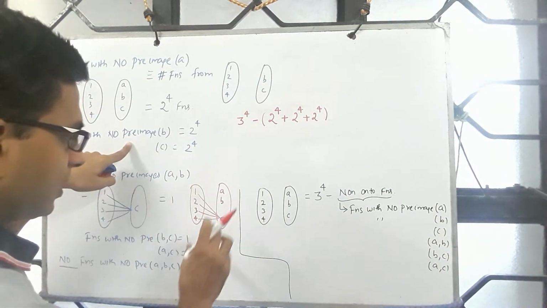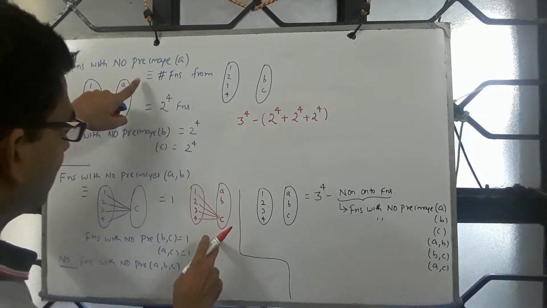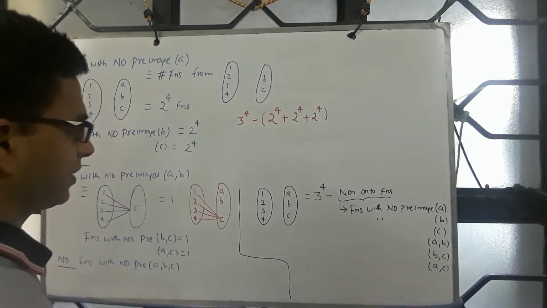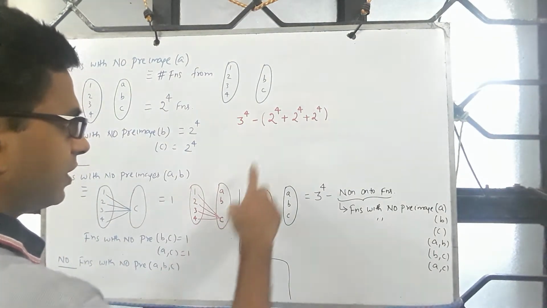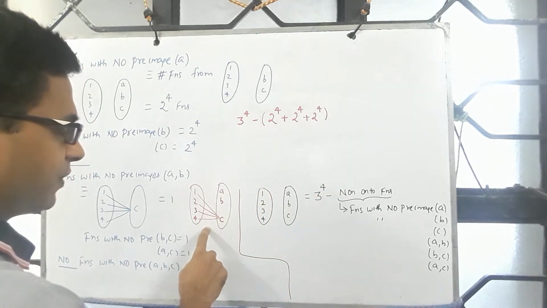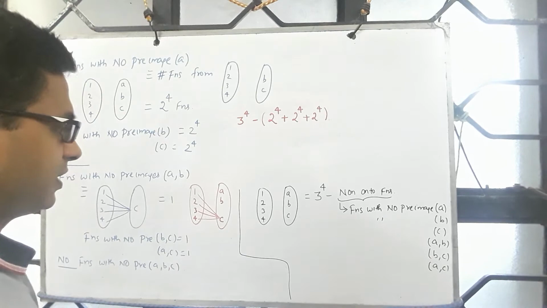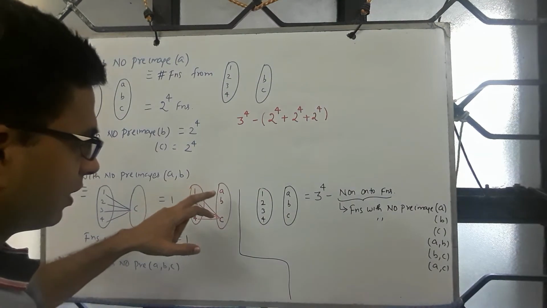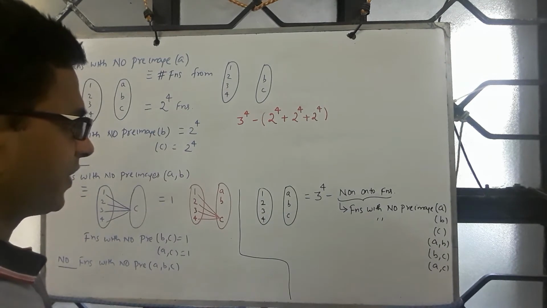Which means this function we have counted as part of this, and we have also counted as part of this. Put in other words, this count is minus of this type. The same function, where AB is not having pre-image, would be seen as a function not having pre-image for A, not having pre-image for B, and not having pre-images for A and B. Correct?